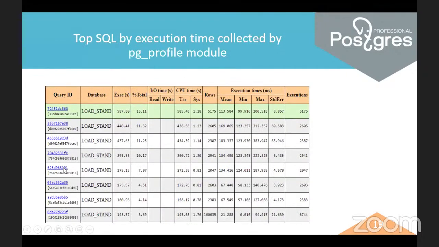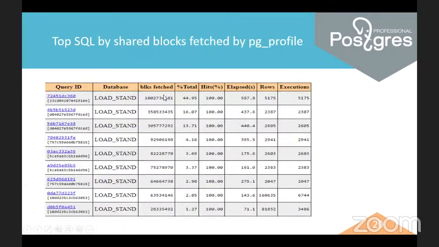Okay, and this is a section from pg_profile from our last audit. We can see that this query is consuming the most CPU time. We can also see that this query has read a lot of blocks, and therefore it's a good candidate to analyze.